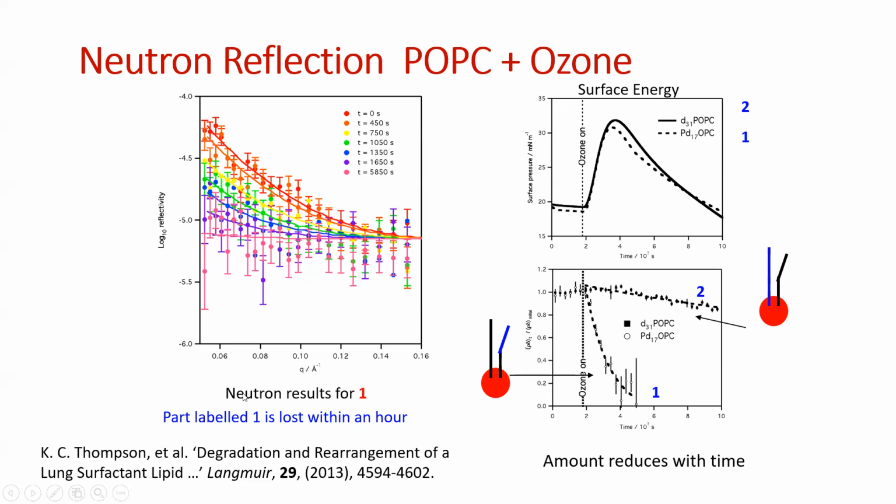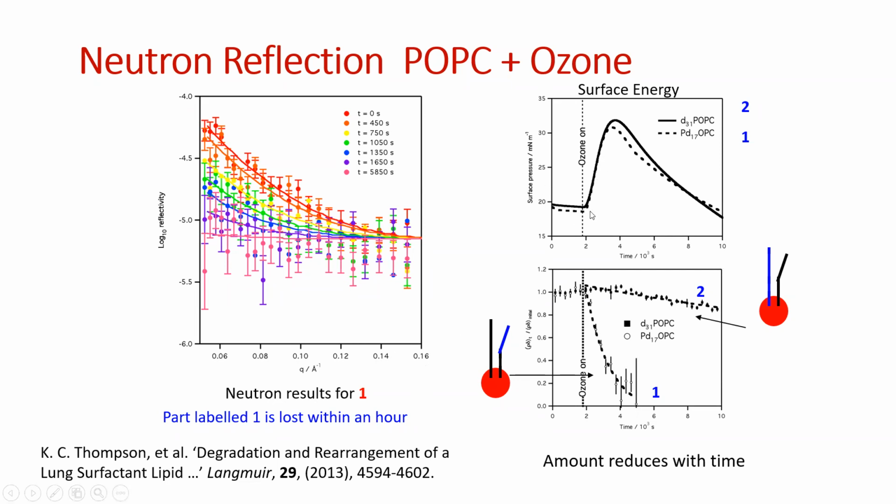If we look at the part that was labeled 1, it is lost within an hour. We can look at the decay of that and the decay of the other part, and we can see that they're lost from the surface at different rates.